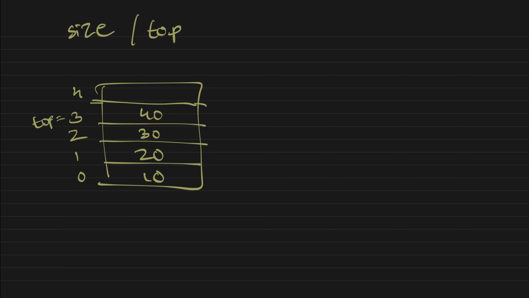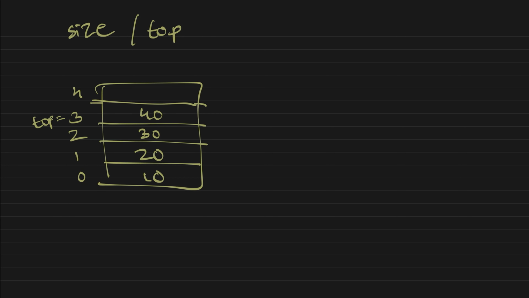So now if I want to get the top element, what should I return? Whatever value is stored in this top variable. Okay. So similarly for the size, what should be the size of the stack? It should be equal to whatever is my value of top plus 1, because our indexing is starting from 0, right?